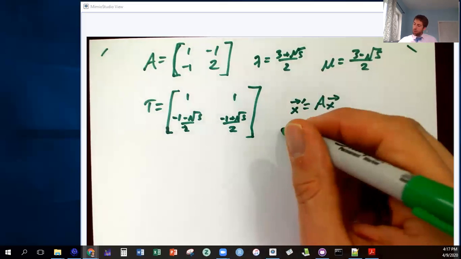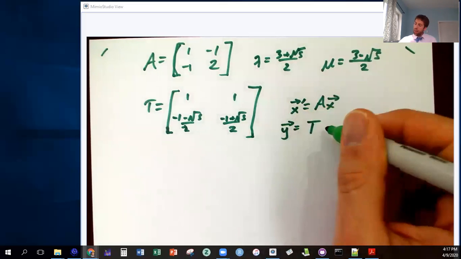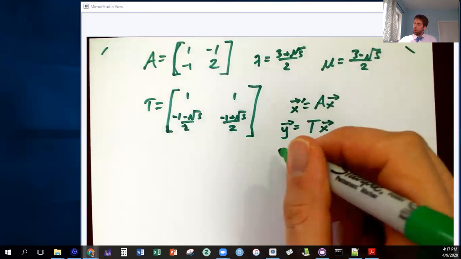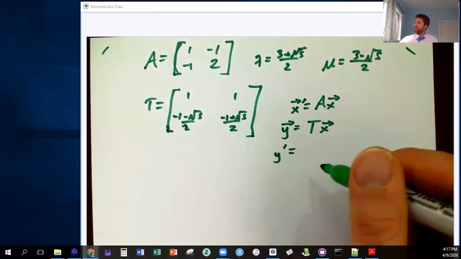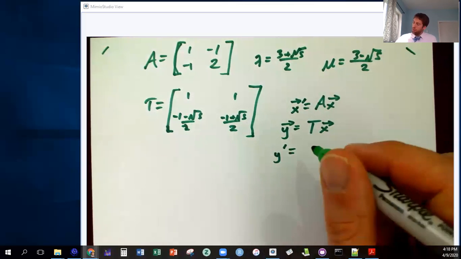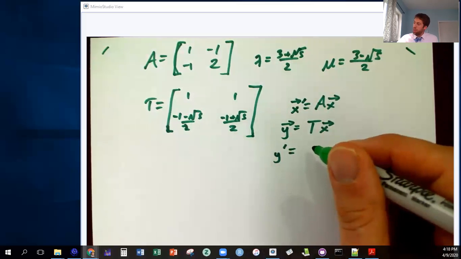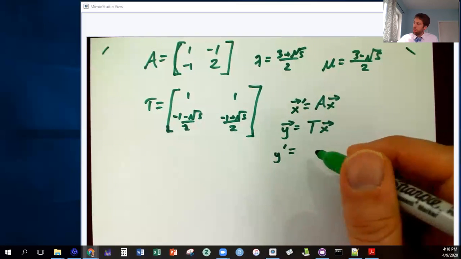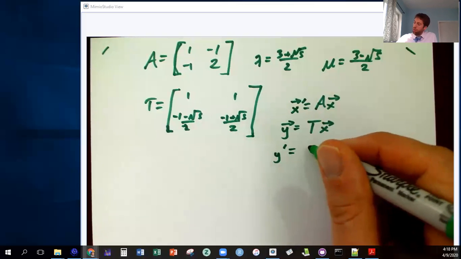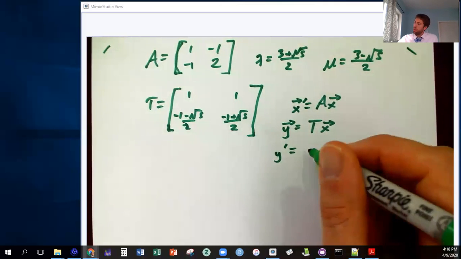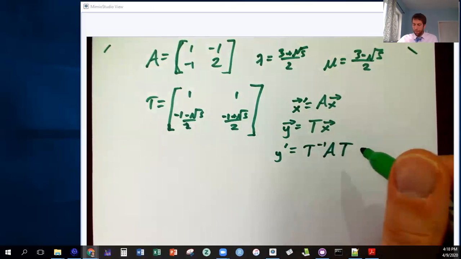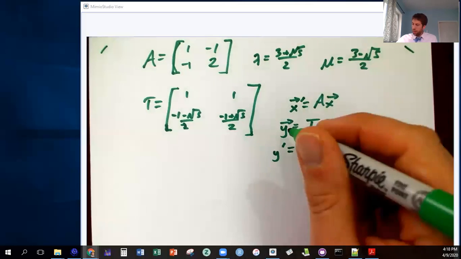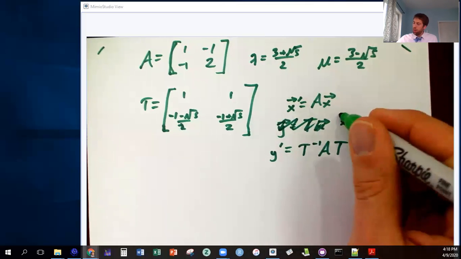And if I define this new vector y equals T x, then y prime equals T inverse A T. Wait, maybe it's if x equals T y.